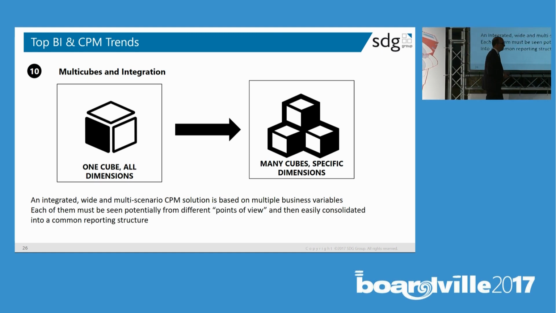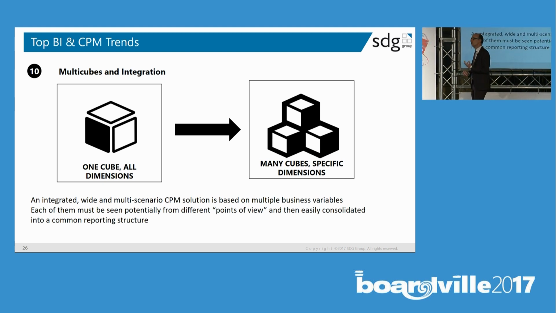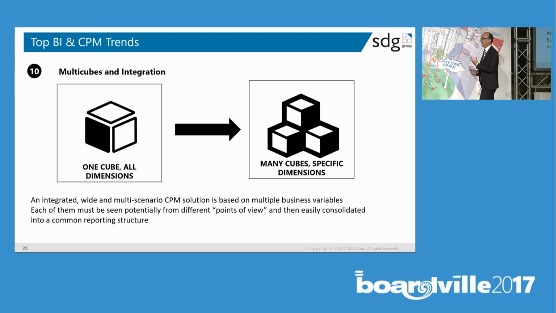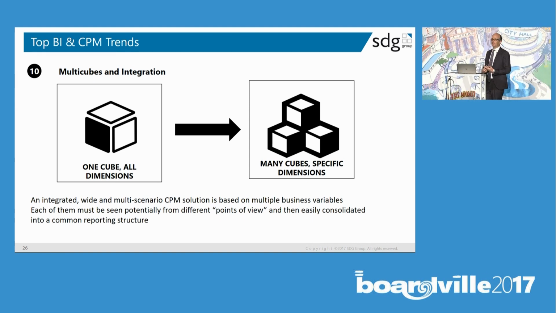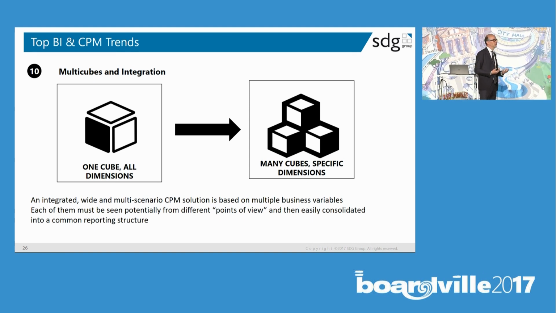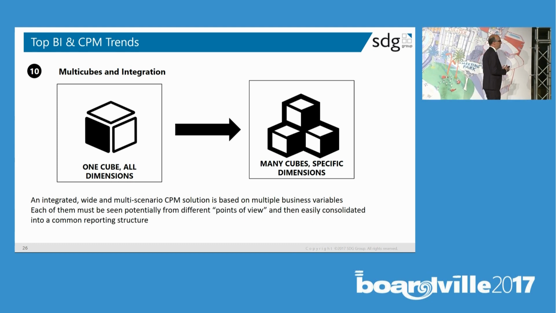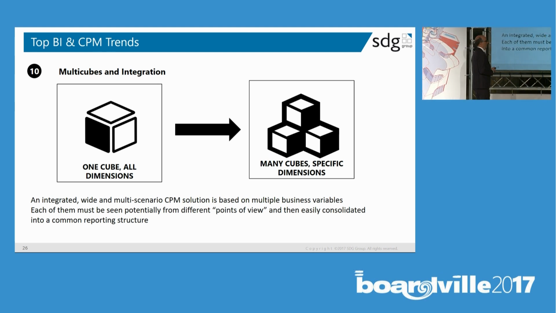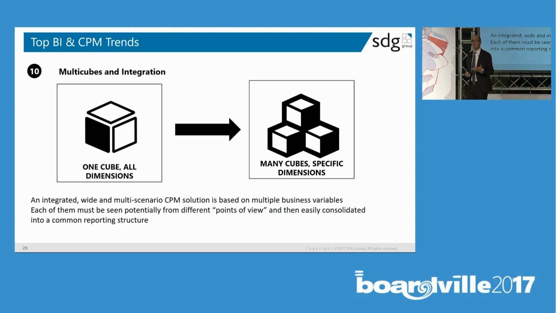This is the last one, the multi-cube capabilities. For us, this is typical for a CPM solution. You know that Board is based on the capability to manage different cubes with different dimensions. This is not typical in a CPM solution. Typically, a CPM solution has one cube per application, and you have to manage all the dimensions in that single cube.